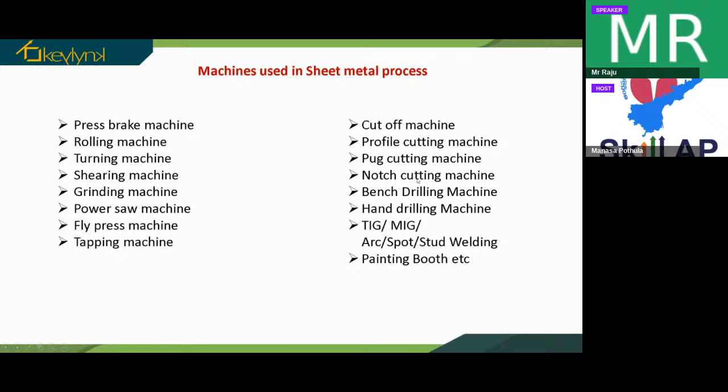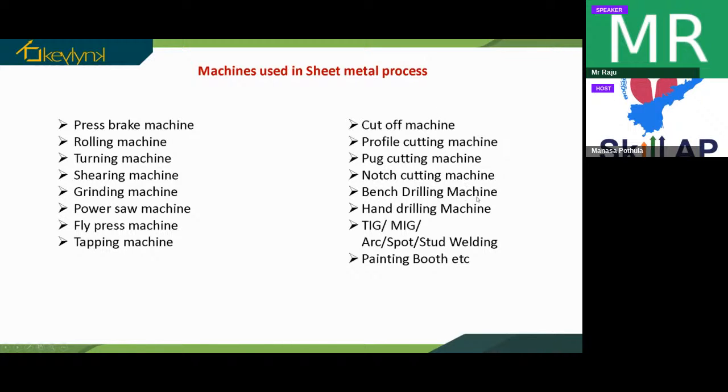Then we have the punch cutting machine and also the notch cutting machine. A notch is nothing but a small cut at the edge or the center or wherever on the sheet metal. To give a small notch or a small hole, or a different kind of opening at any edge of the sheet metal, we use the notch cutting machine.